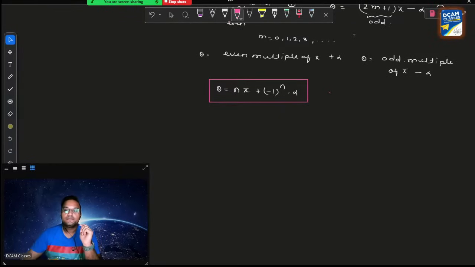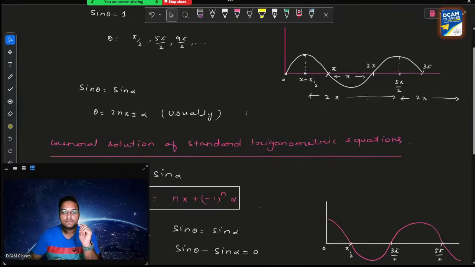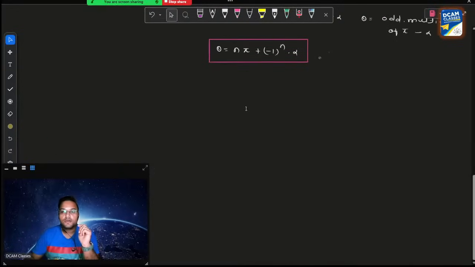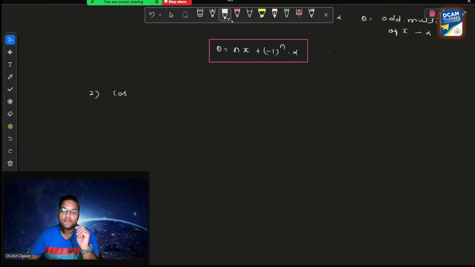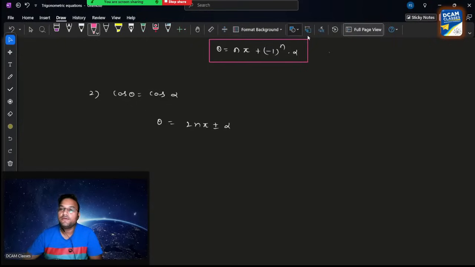Similarly, for cos theta is equal to cos alpha, you'll get general solution as theta is equal to 2 n pi plus or minus alpha. For this, it will be the same way only you will do.